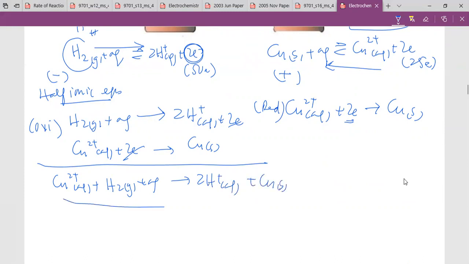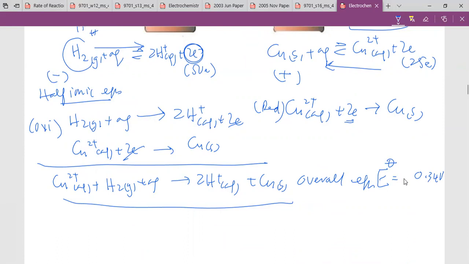Now this is the overall equation. They will ask you for the overall equation. They also ask for the standard electric potential. What's the value? The value is 0.34 volts.